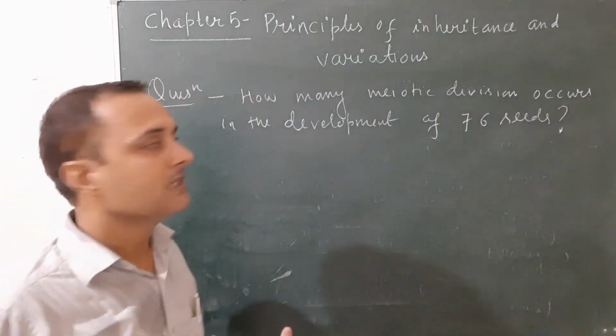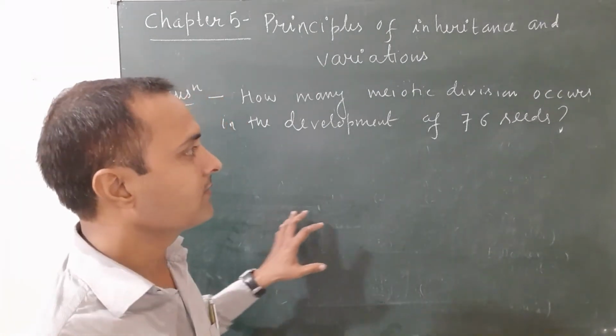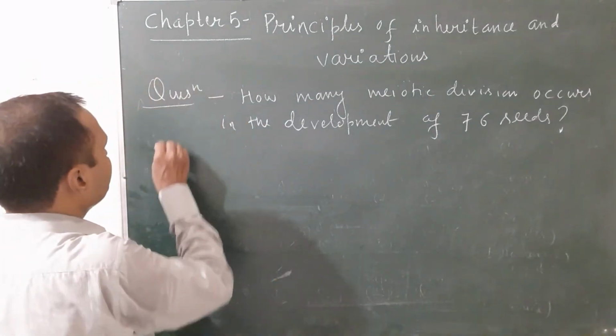You can write the question also. It is given in the latest sample paper. This question is very important and this is the latest one for 12 CBSE biology. So let us see the answer.